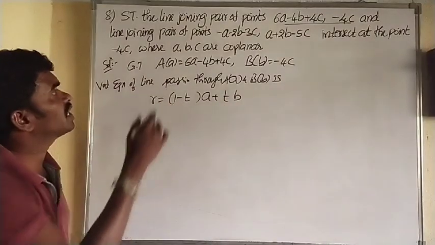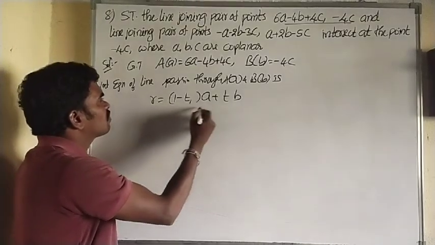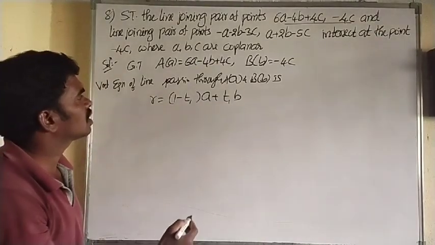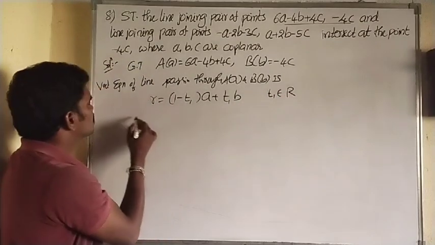Actually, we have to find two equations, and one more line equation we shall write. That's why here I am taking 1 minus t1 into a plus t1 into b. What is t1? t1 is a real number.